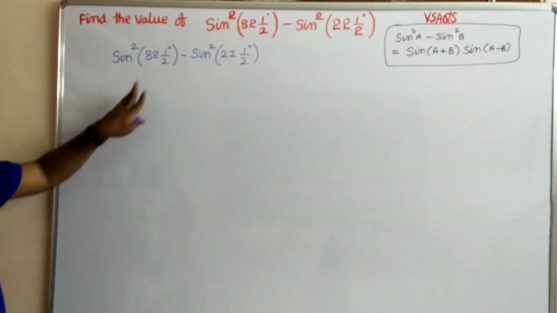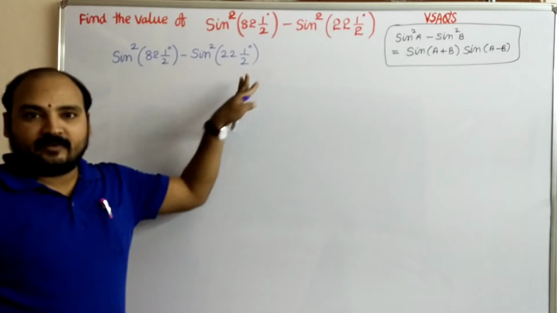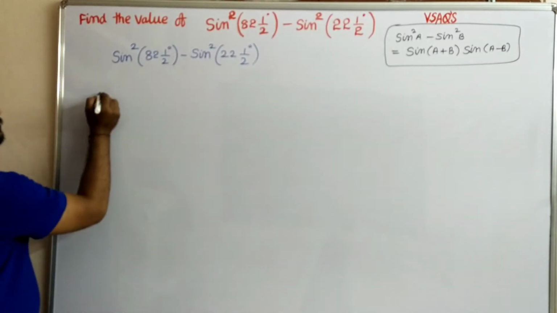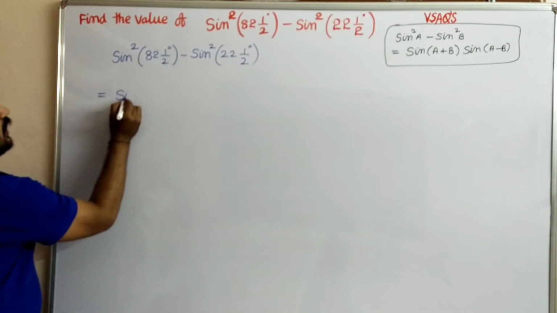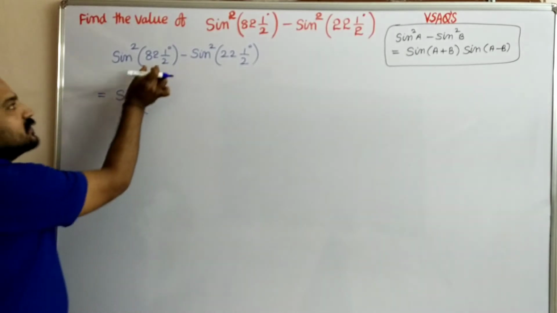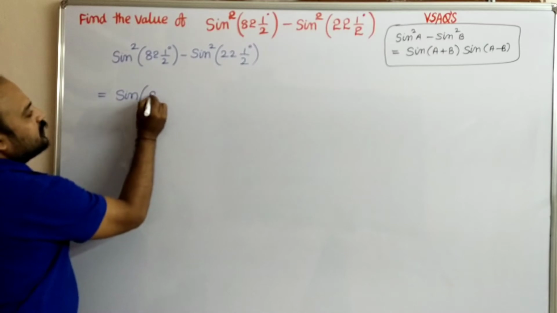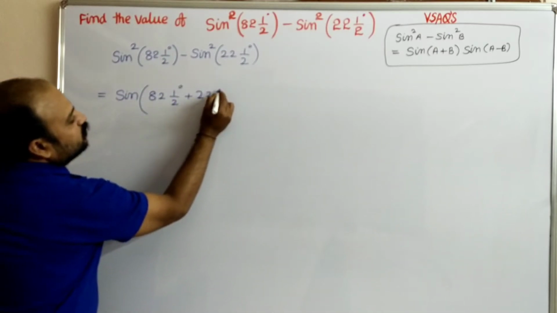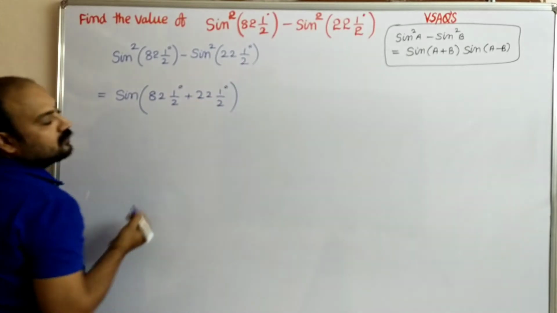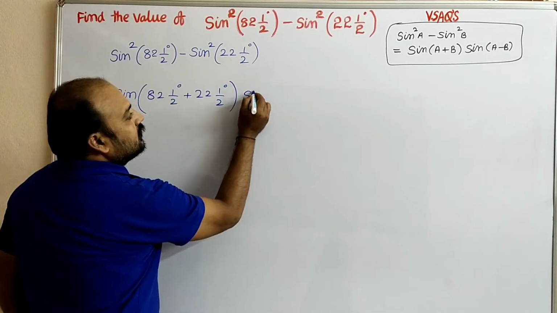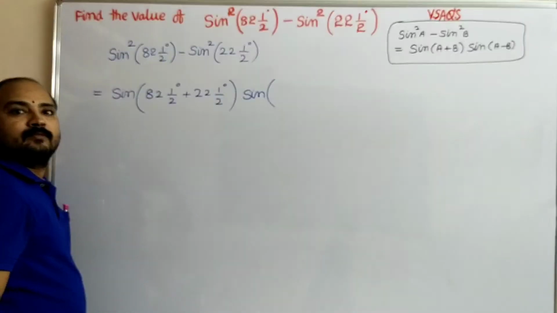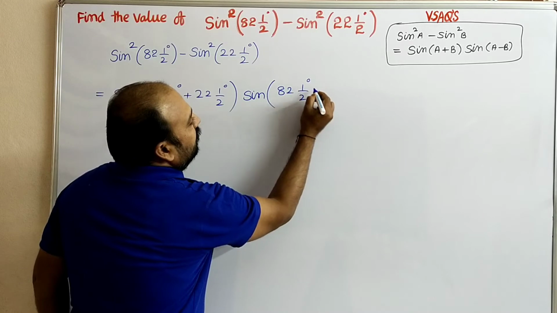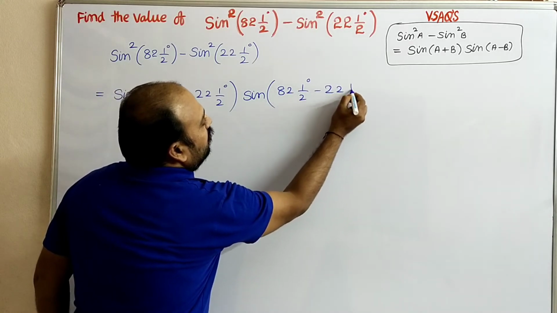Here this is A, this is B. Now we will write it as sine of A plus B, that is 82 and half degrees plus 22 and half degrees, into sine of 82 and half degrees minus 22 and half degrees.